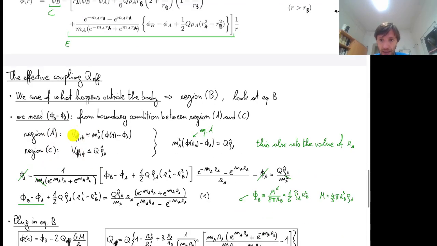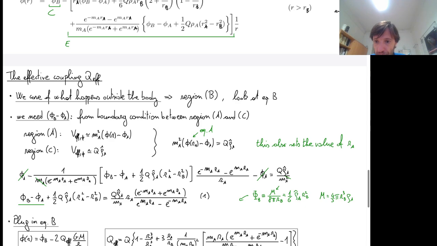Therefore, let's do that. So this is the expression for the derivative with respect to phi of the effective potential for region A and region B, as we derived them earlier, and the two must be equal to each other. Therefore, this is region A, this is region B, and we set equality.